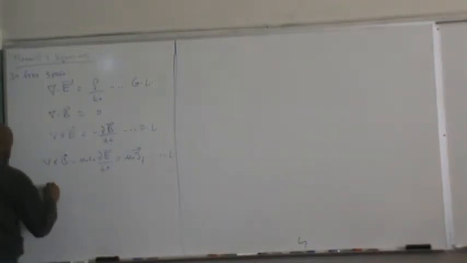What is going to be the form of these equations in matter? So in matter, if the medium is polarizable or magnetizable, we saw there are additional currents related to the orbital motion and spin motion of the electrons, and that gives what we call the bound current.